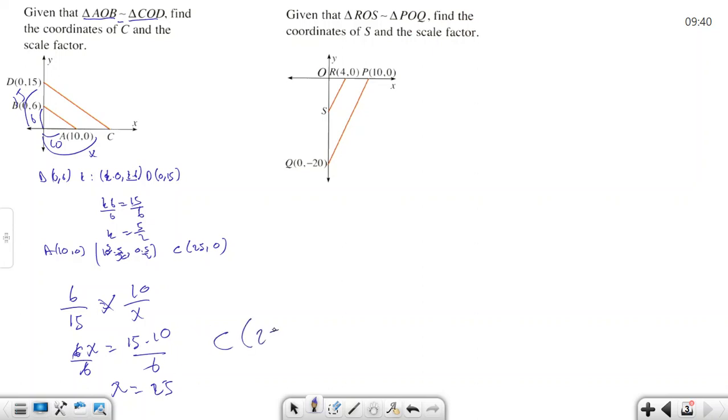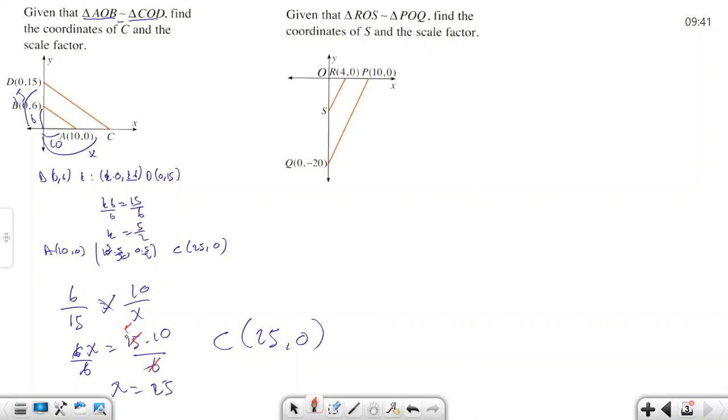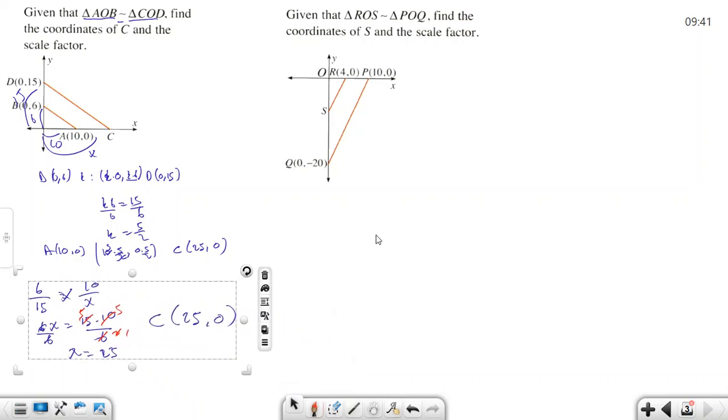So the point C is (25, 0). Here I made the simplification: simplify by 3, 5 and 2, simplify by 2, 1 and 5, 5 times 5 is 25, divided by 1, again 25. That's the second method. You can use either one, it doesn't matter. Similarity looks easier than finding the scale factor.